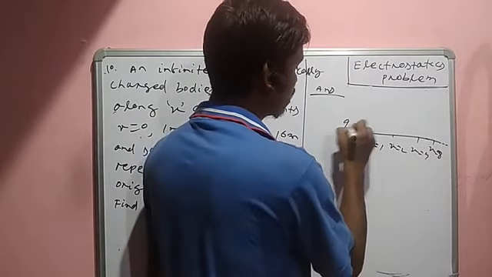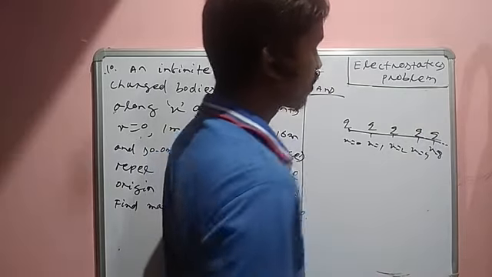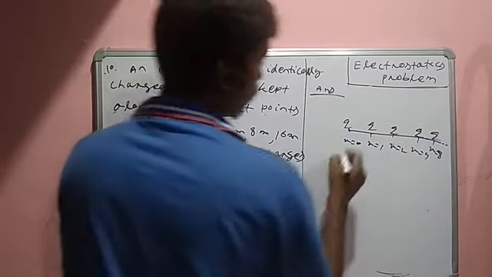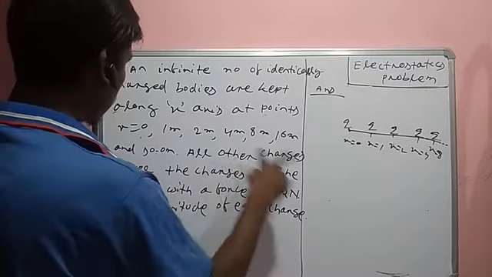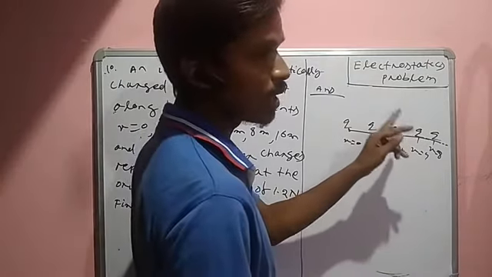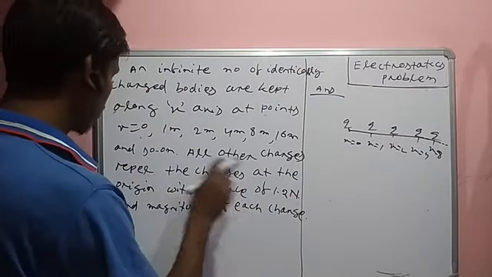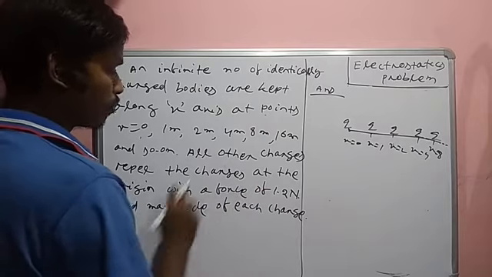Suppose this charge is q. All other charges repel due to the similar charges, so that's why the force is repulsive. They repel the charge at the origin with a force of 1.2 Newton.